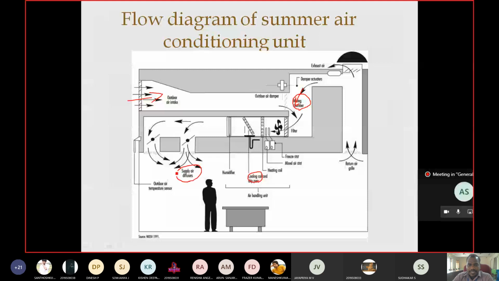So actually this is the inlet duct. Then this is the outlet duct. Inlet duct, then outlet duct. So wherever we want we can. Actually, this is a duct. So this passage is called a duct. Yes, these are the components involved in the summer air conditioning units.